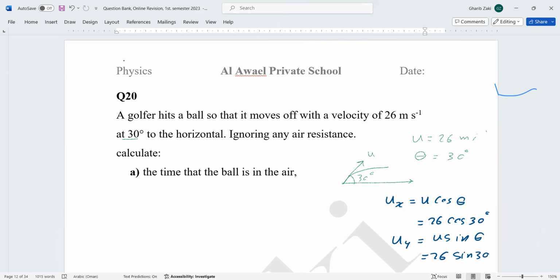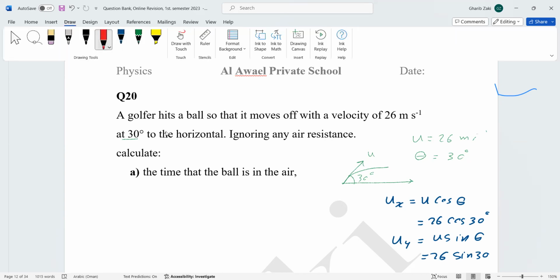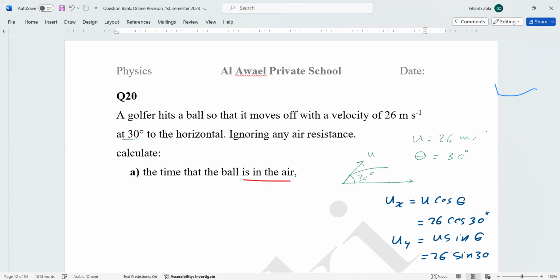Now, we want the time the ball is in the air. If we want just the time of maximum height, what do we do for this? We talk about vertical motion. V equals U plus GT. And then we can get here the value of the time.